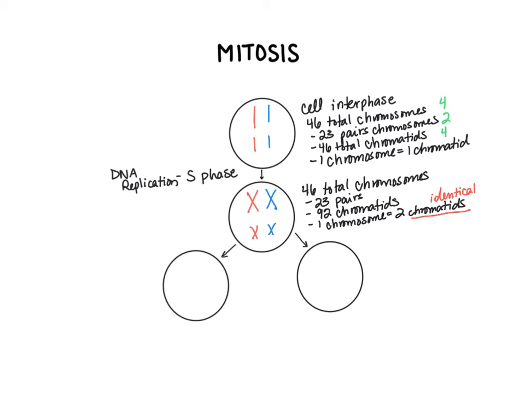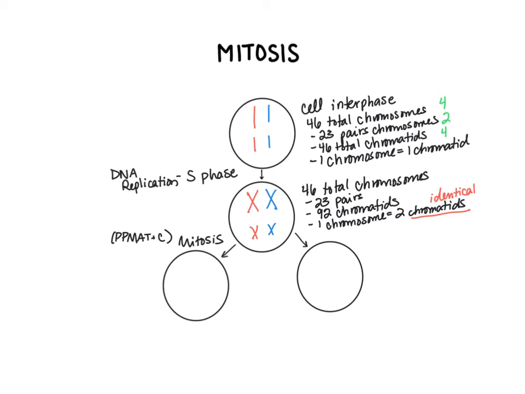Now the second set of arrows refers to mitosis. And so this includes the PMAT stages of mitosis plus cytokinesis. This is where those chromosomes are condensing, the nuclear membrane is breaking down, the chromosomes are moving to the middle of the cell, and then the sister chromatids separate.